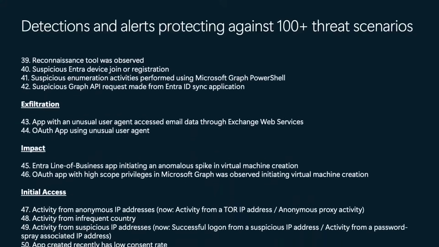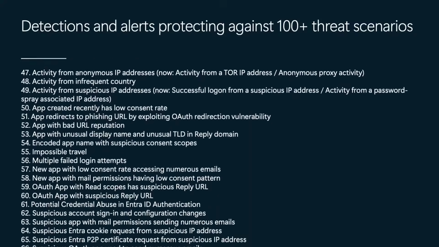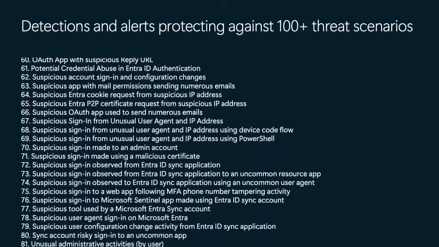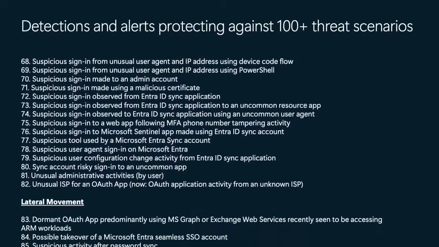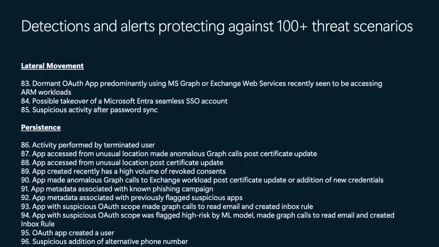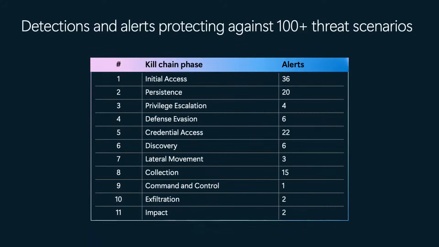Across the many different vectors, these are used, compounded, and weighted into our unified risk engine that both our prevention engine and disruption engine are able to use in order to make the best possible decision and protect as much account takeover and identity compromise as we possibly can. We have many detections and alerts across many portions of the kill chain, including initial access, persistence, credential access, and collection, and many more coming across the threat landscape.